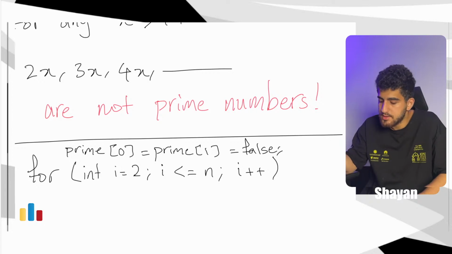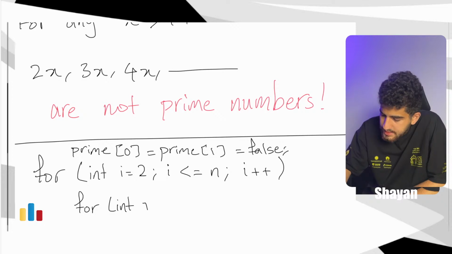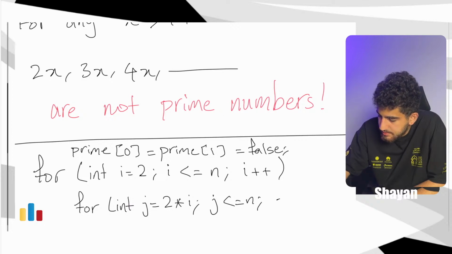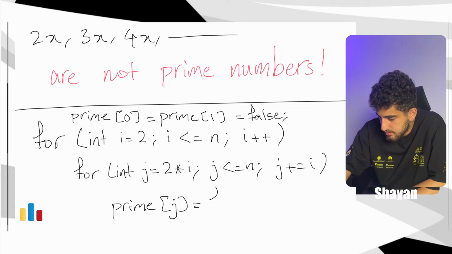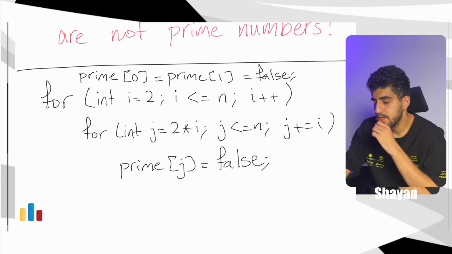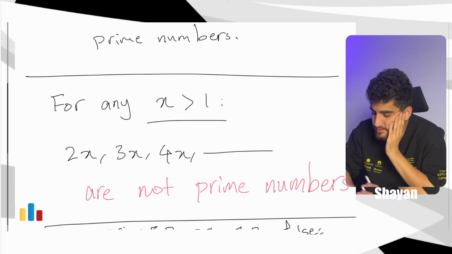Then we go from 1 to n and we say that for int j equal to 2 times i, j less than or equal to n, j plus equal to i, prime of j is equal to false. So what I'm doing here is going over all the numbers from 2 to n, similar to here, for any x greater than 1.